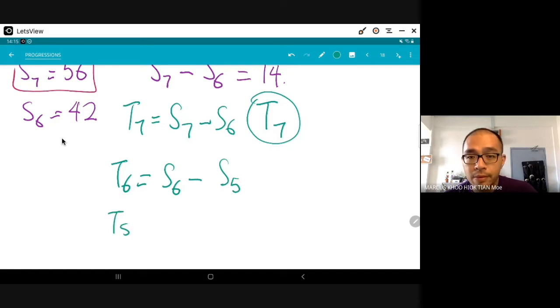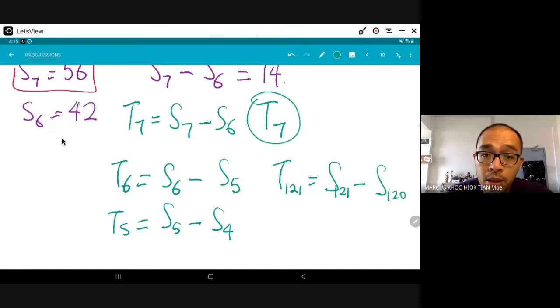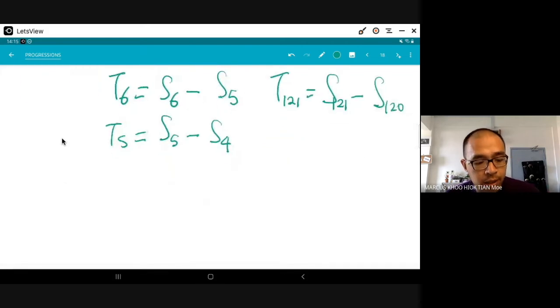T5 will be S5 minus S4. If I give you a very big number, T121 equals to S121 minus S120. Okay, and so because of that, I can find a specific term.